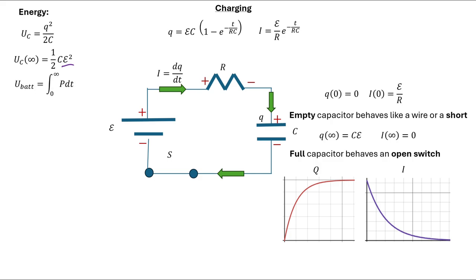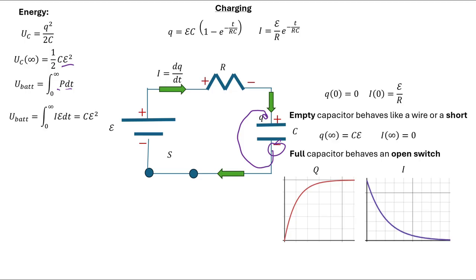The battery puts the energy on the capacitor. We said that the battery has to do different amounts of work depending upon how much voltage difference there is on the capacitor. In other words, as the capacitor loads, there's a smaller voltage difference to consider. And so that's why we have to look at moment to moment how much power the battery is putting out. And if we integrate that, that'll tell us the total energy put out by the battery.